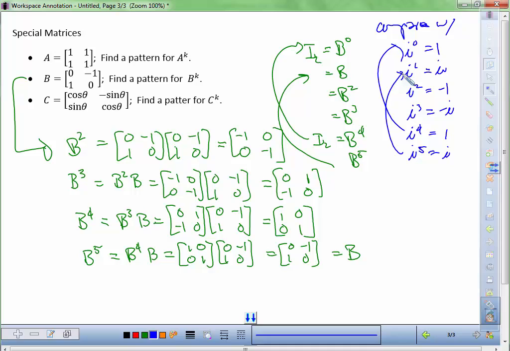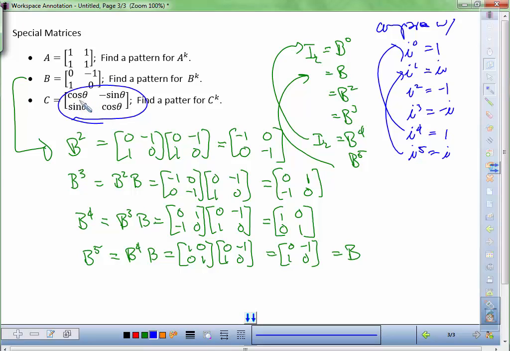And hey, look, there's a sine and cosine here. What if theta was equal to pi over 2?